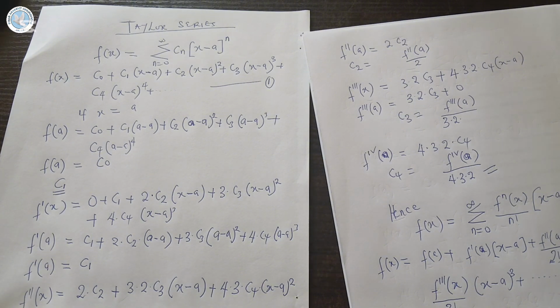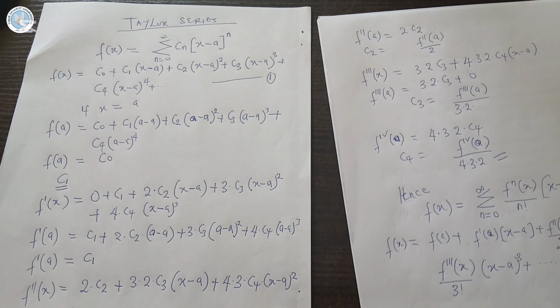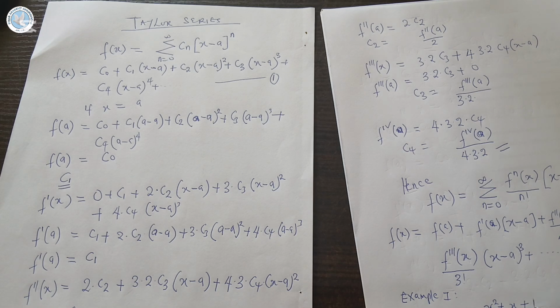So at this point, we've proven how the Taylor series expansion can be analyzed for any individual expression. For example, given example one on Taylor series, we can have that f of x is equal to x to the power of 2 minus x plus 1.